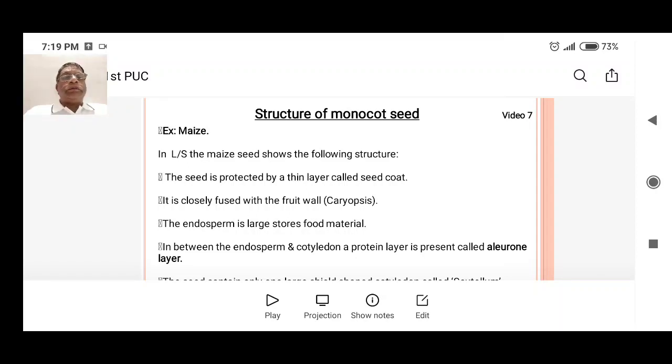Now, we shall study the structure of the monocot seed by taking the example of maize. The scientific name of maize is Zea mays.